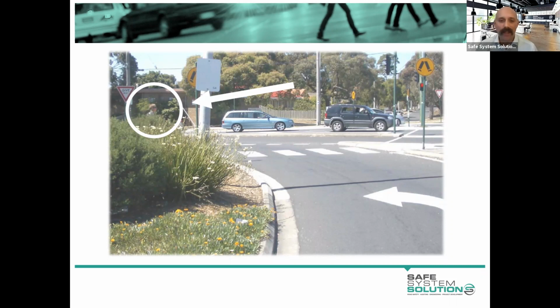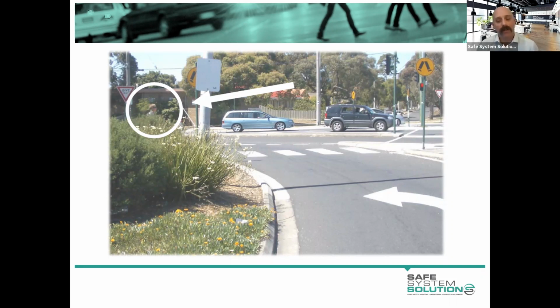Now, we put out a safe system snippet, which is something we put out quite a bit on the topic, with our take on it based on some New Zealand research that had been done, acknowledging that there's been some other research that's been done, and we certainly got a lot of commentary back on that. Some people were very unhappy with different aspects of it, and I think it's an area we need to continue to get some more research around.